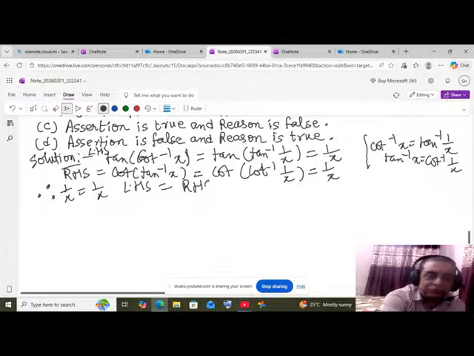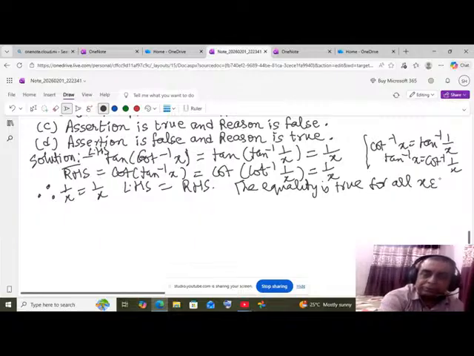But it is not true for every value of x. If x is 0, then it is not true, because then it is undefined. The equality is true for all x element of real numbers, except at x equals 0.